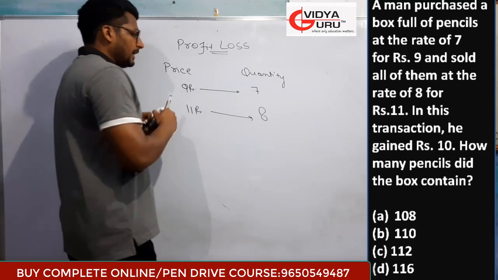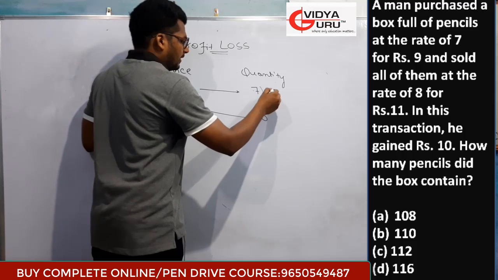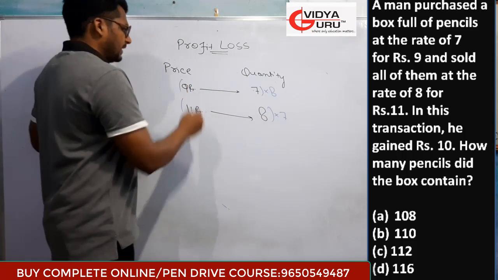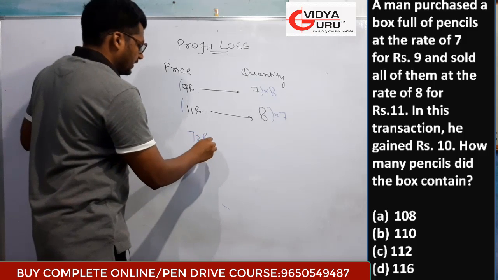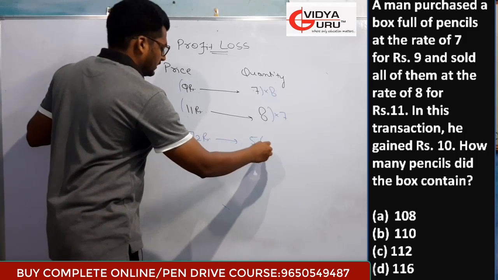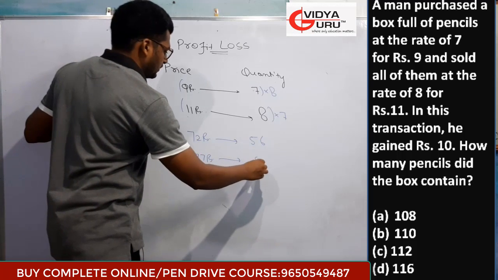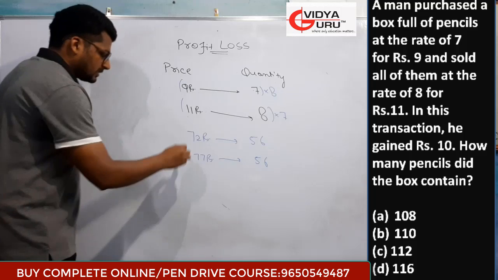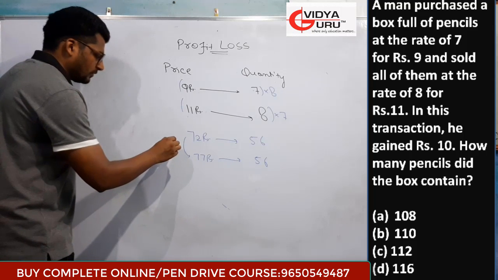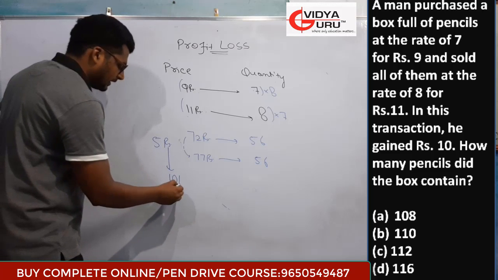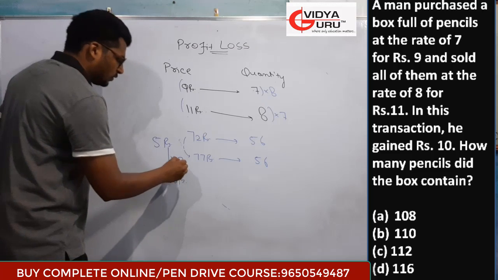To make the quantity equal, we will multiply here by 8 and here by 7. What will it become? 72 rupees for 56 and 77 rupees for 56. How much is the profit? The profit is 5 rupees. That means the value of 5 is 10 rupees, which is 2 times.